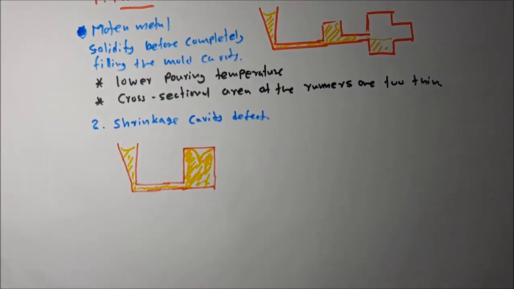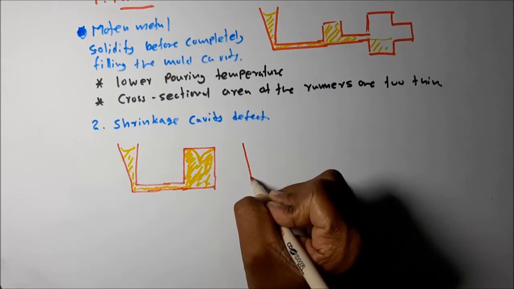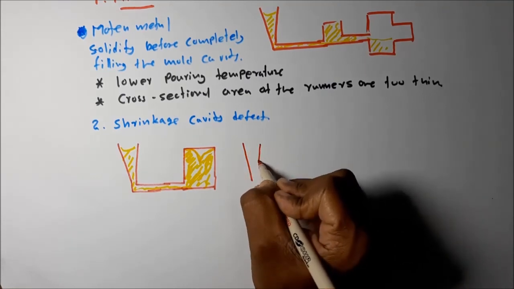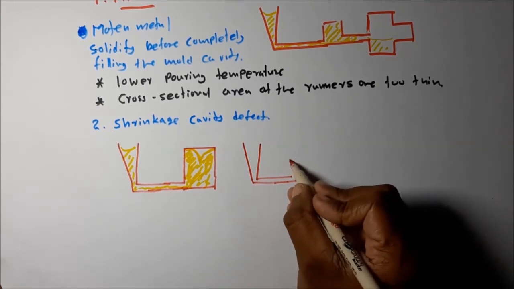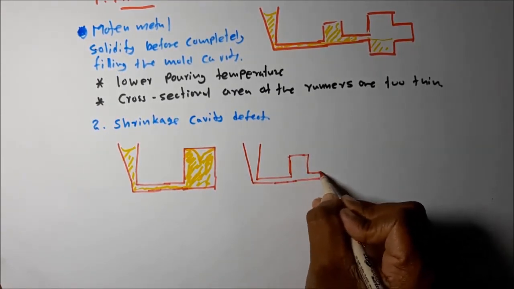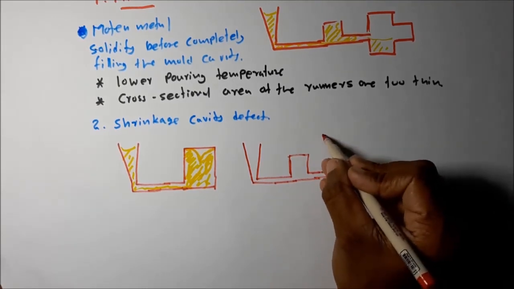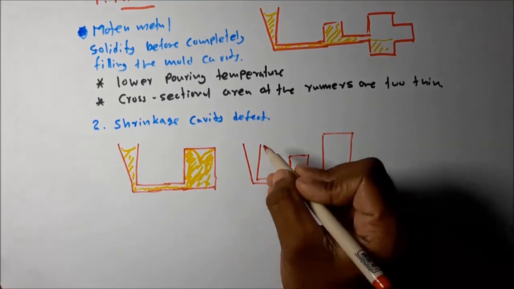So how to avoid this one? We can introduce risers. The best method to avoid this shrinkage cavity defect is the introduction of risers in metal casting.